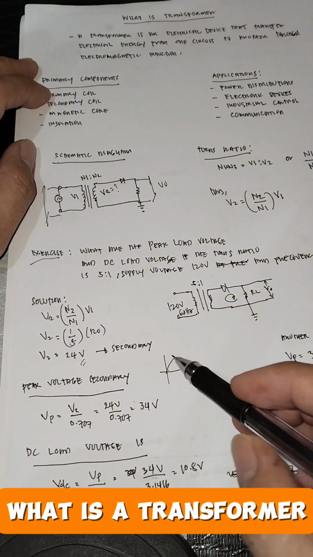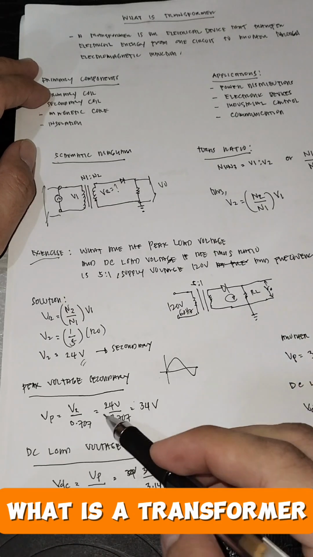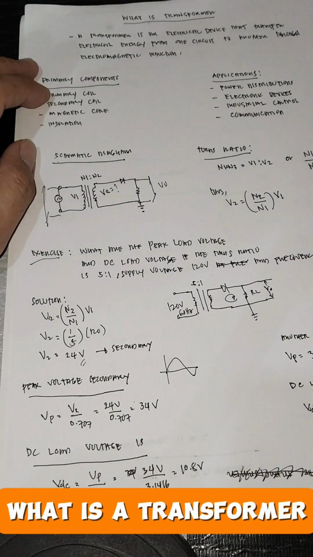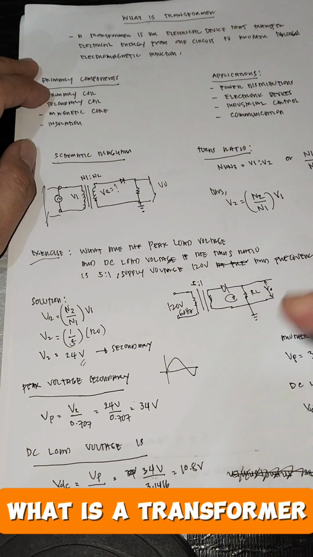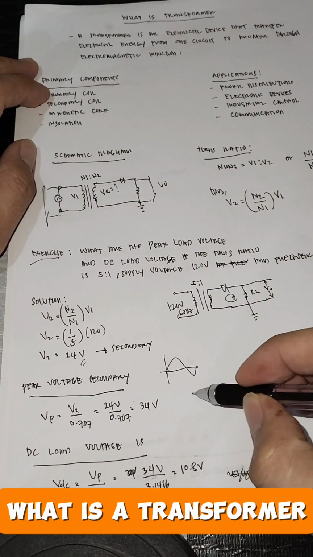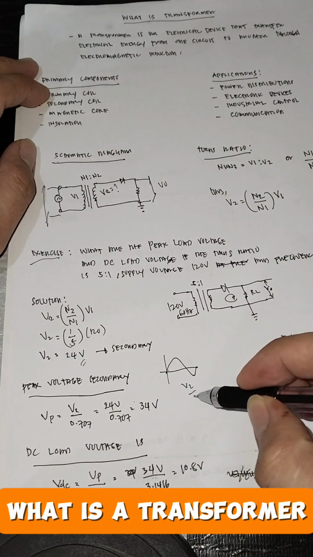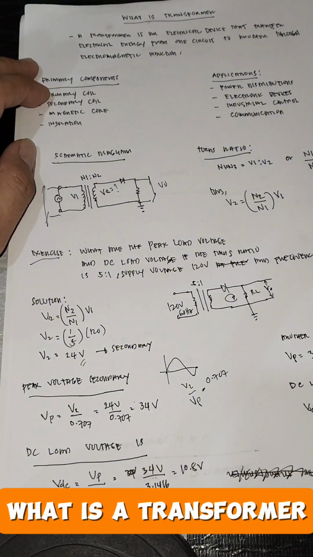And the peak voltage. We also need to find the peak voltage at the secondary. So the peak voltage at the secondary is V2 over VP is equal to 0.707.